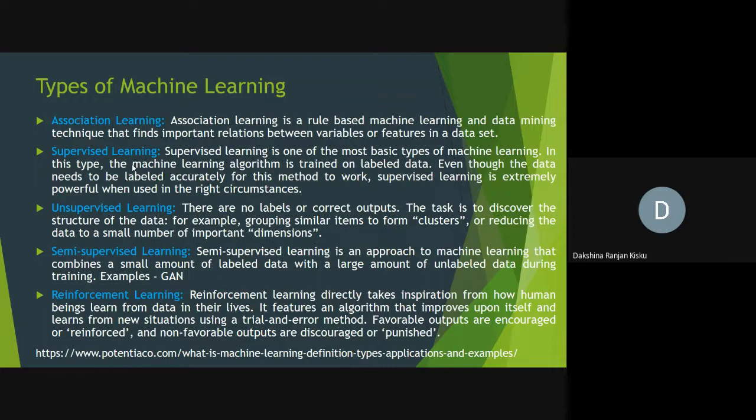To be very clear about the tasks we expect from reinforcement learning based machines: for favorable outputs we will encourage or reinforce the machines, but for non-favorable outputs we are obviously going to discourage or punish.